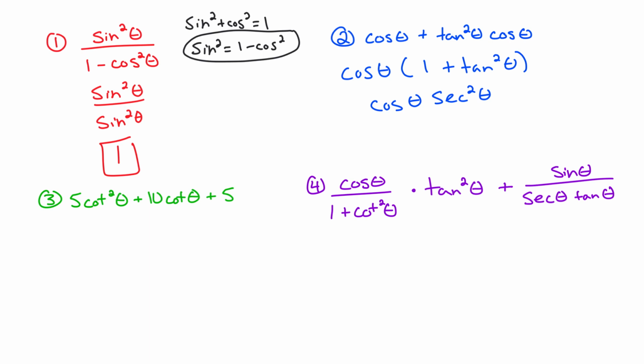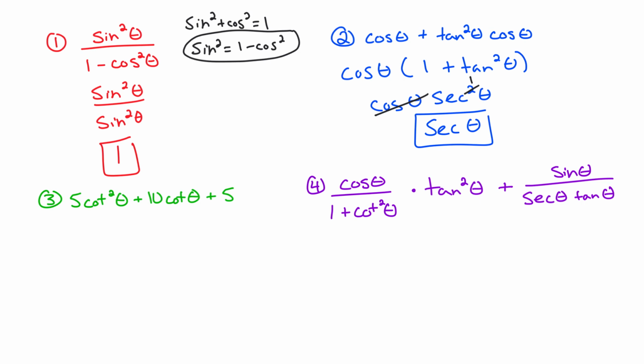And secant is defined as being 1 over cosine. So secant squared is 2 of those. 1 over cosine times 1 over cosine. Whenever you multiply cosine by a secant, they cancel. But I got 2 of them. So this cosine is going to cancel with one of the 2 of them, leaving us with 1 left. Our answer is secant of theta.